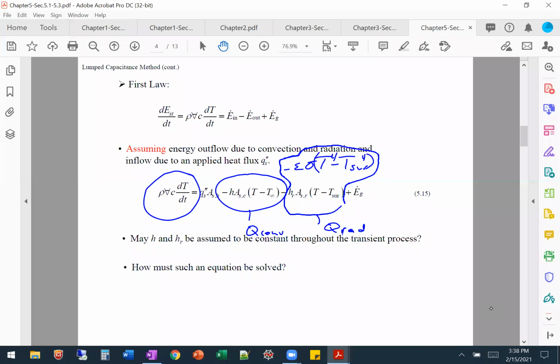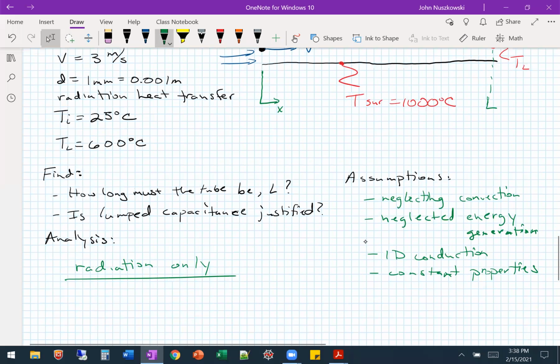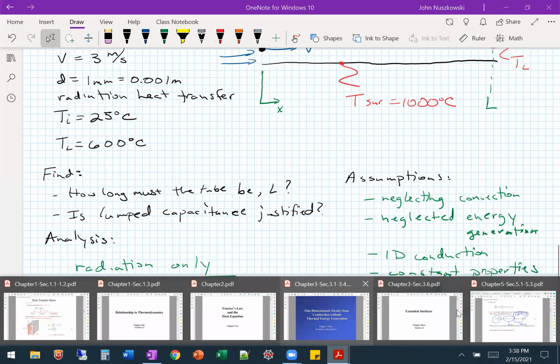So we're basically applying conservation of energy, and with radiation only, we're applying lump capacitance, which is isothermal. That's telling us to check the Biot number.